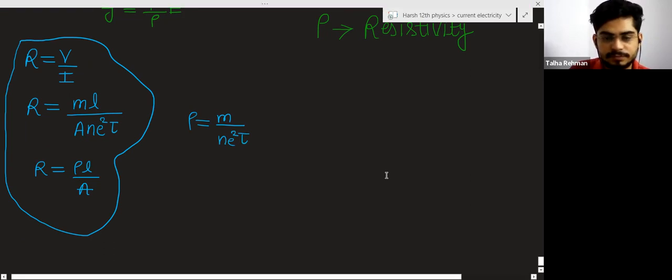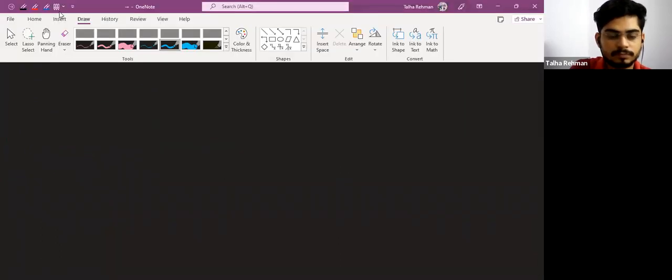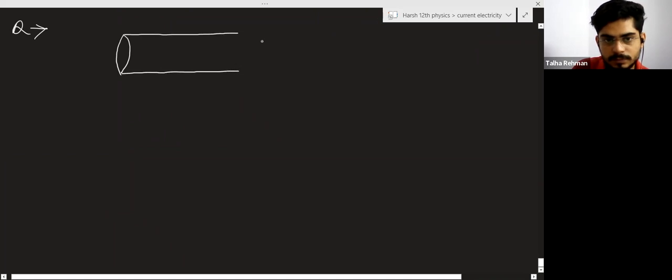So now I am having a question. This is a conductor, suppose a cylindrical conductor, having the area of cross section as A and capital L as the length of the conductor.